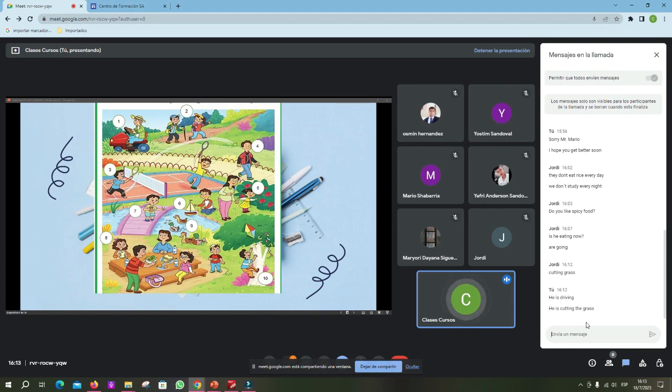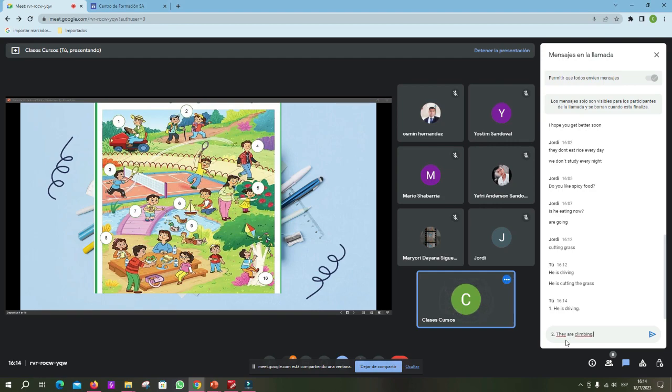You're going to have 5 minutes to write down sentences about that picture, right? So follow the example. You can say number 1, he is driving, and continue. Number 2, what are they doing? Maybe you can say they are climbing.